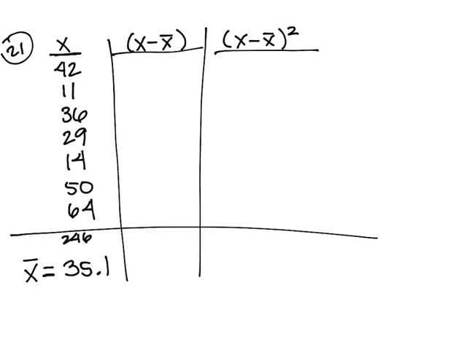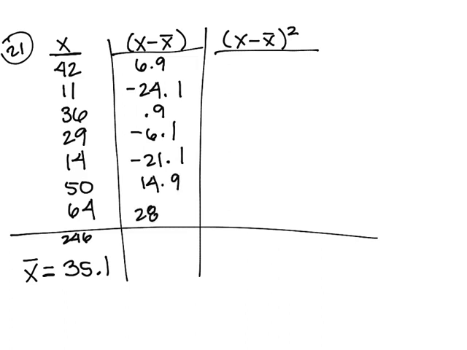So if you use 1 decimal, you're going to get 6.9, negative 24.1, 0.9, negative 6.1, negative 21.1, 14.9, and 28.9 when you subtract, and then you square it. And everything in this column is going to be positive, right?